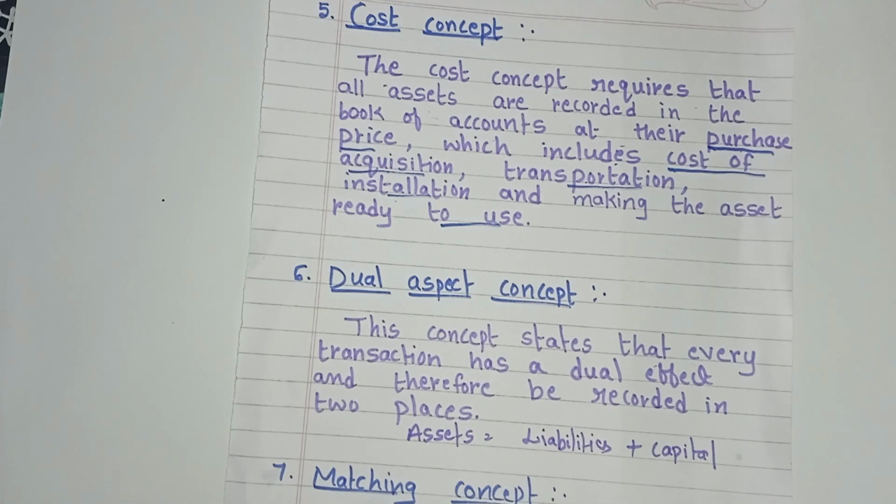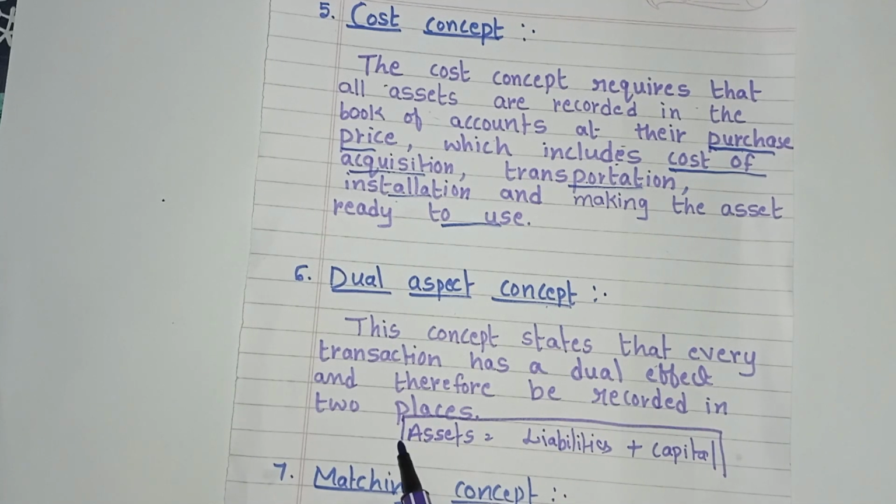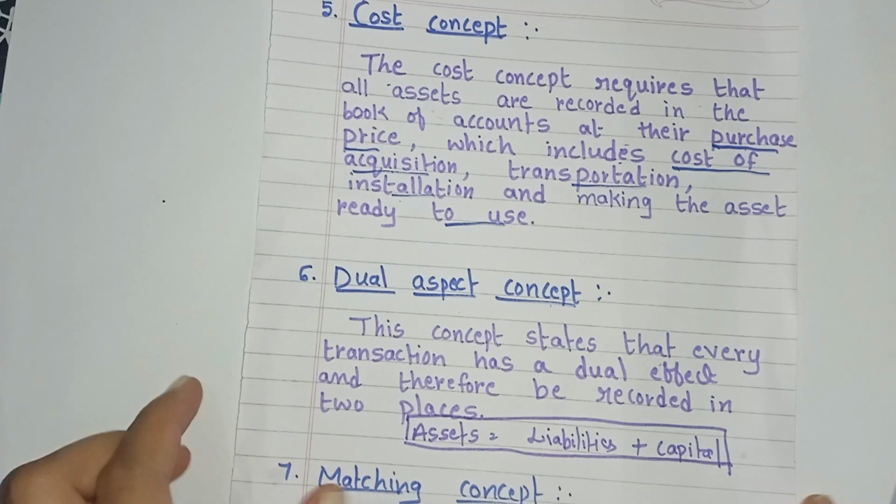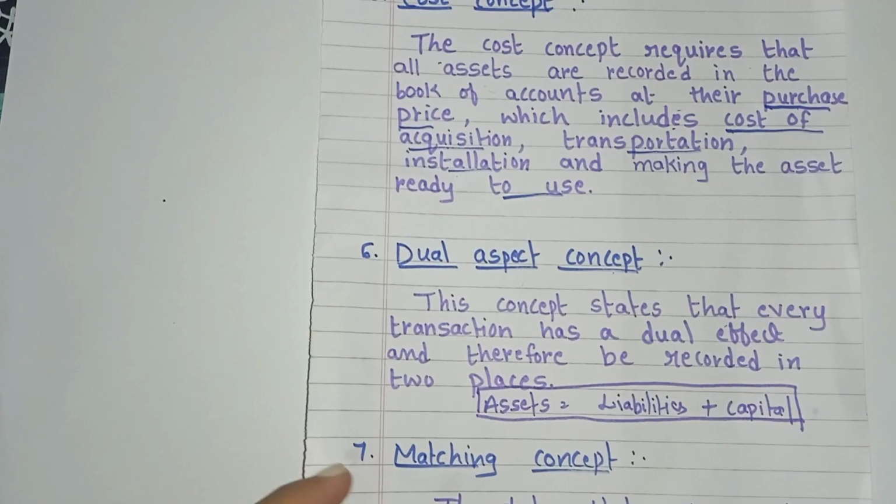So the duality principle is commonly expressed in terms of the accounting equation, that is assets equals liabilities plus capital. This equation I will explain through one example.